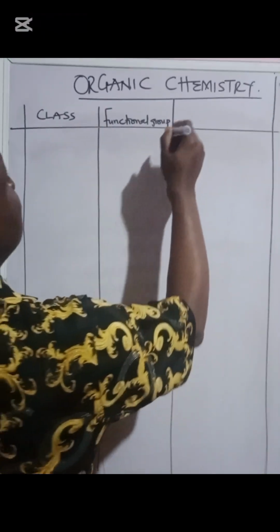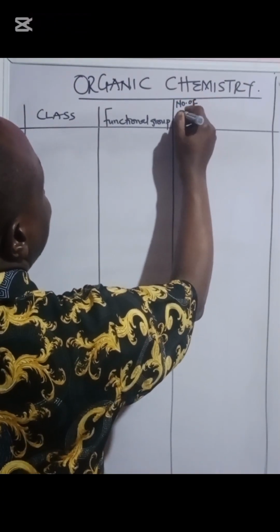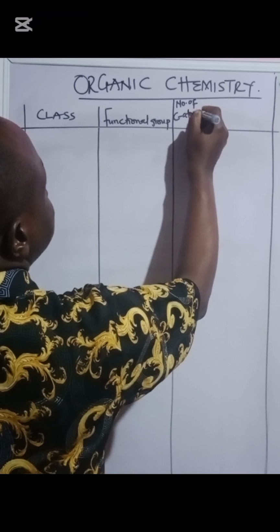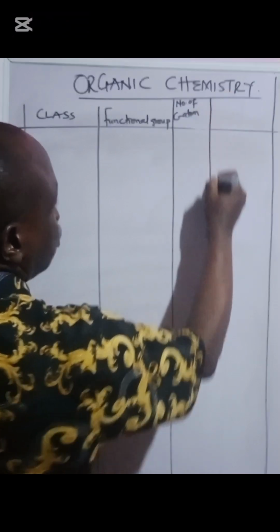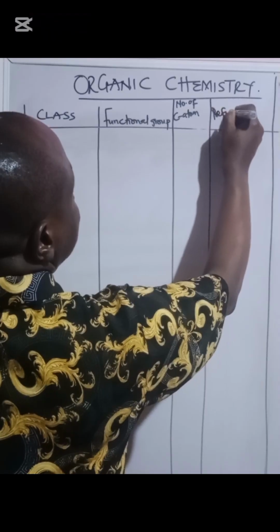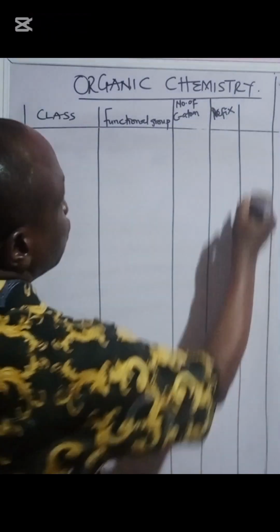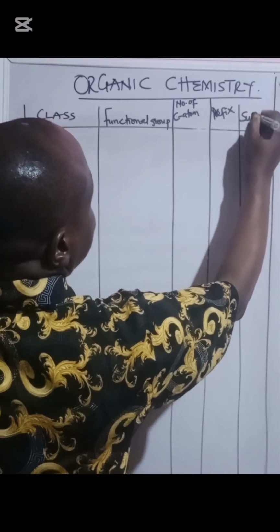We have the number of carbon atoms here. We have the prefix. We have the suffix here, in the beginning and the end.